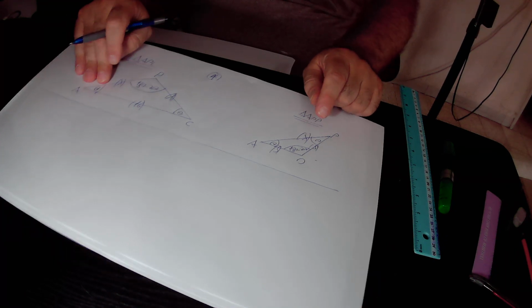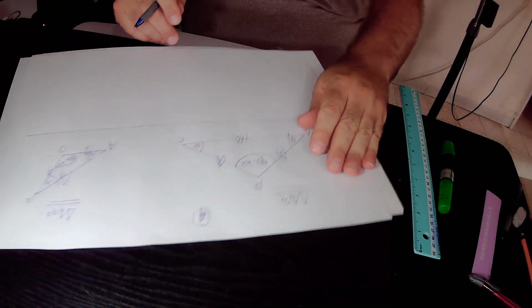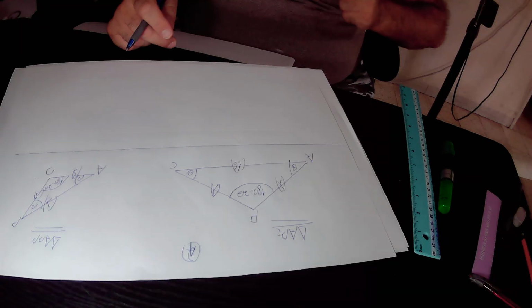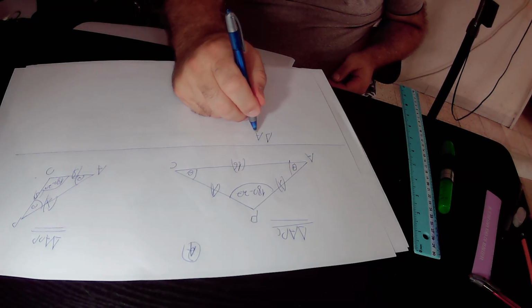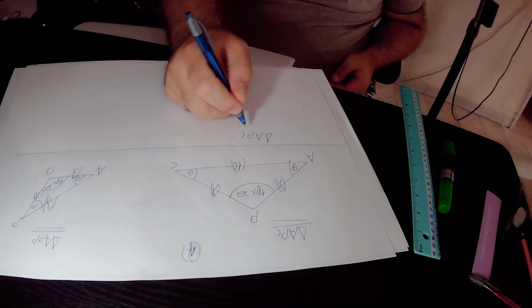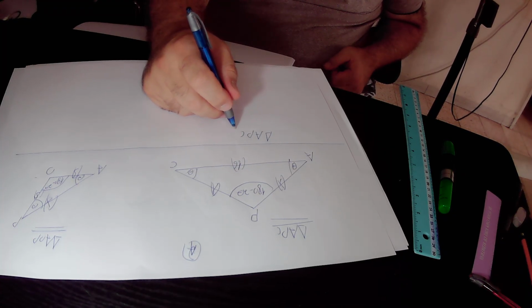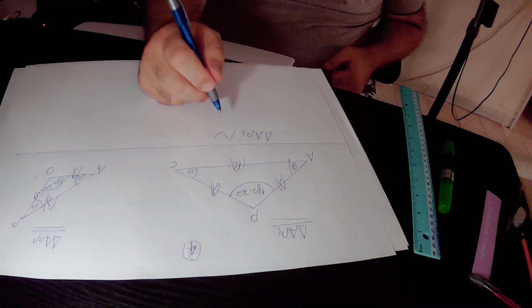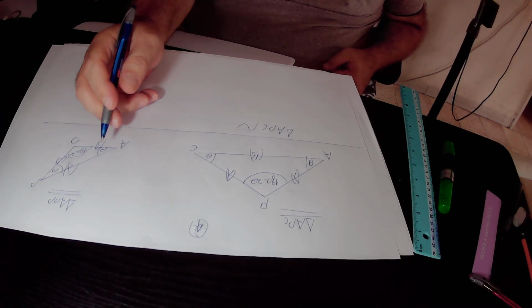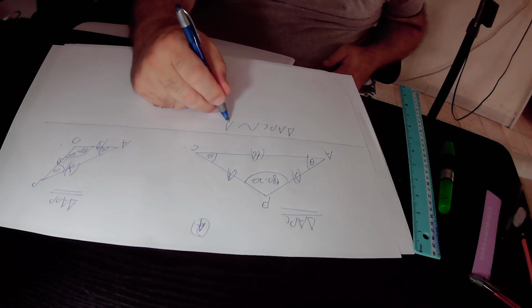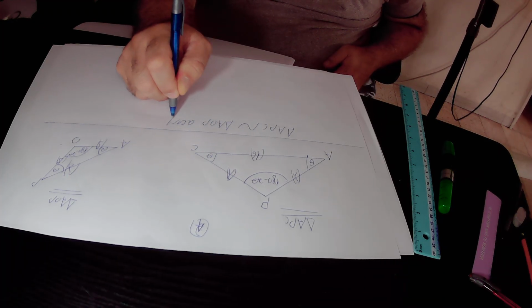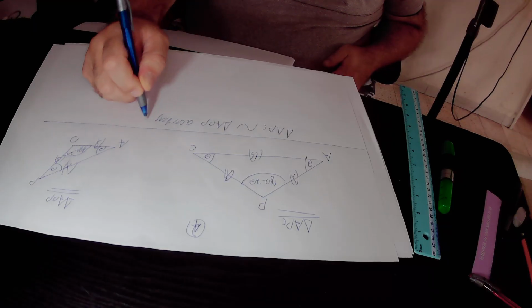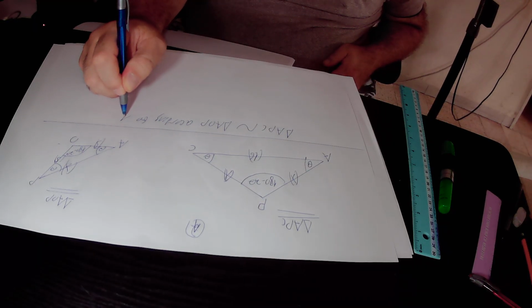So write it down. This big isosceles triangle, triangle APC, is similar, this is the sign of similar, to the small isosceles triangle, triangle AOP, according to the angle similarity rule.